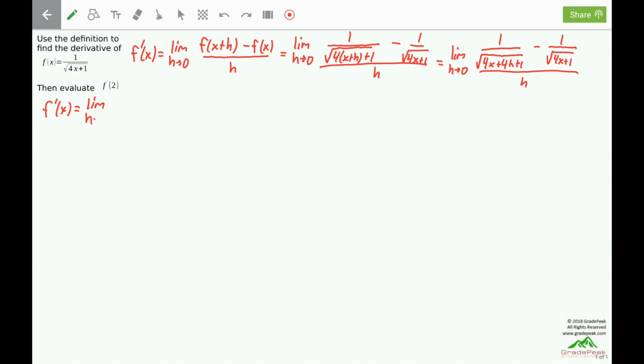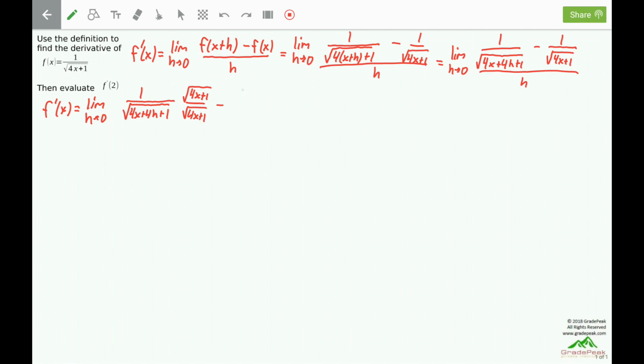Which means that we have to take that first fraction, 1 over the root of 4x plus 4h plus 1, and multiply it by root 4x plus 1 over itself.